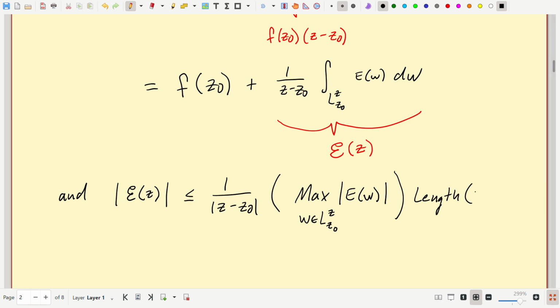And the length of the little line segment is just the modulus of z minus z naught. And that's fantastic. That cancels the nasty thing in front there.